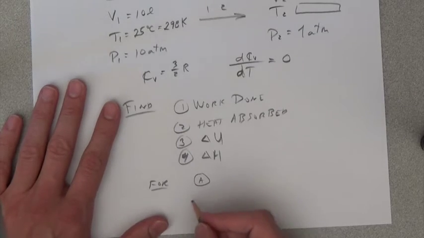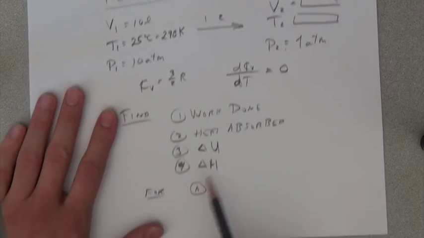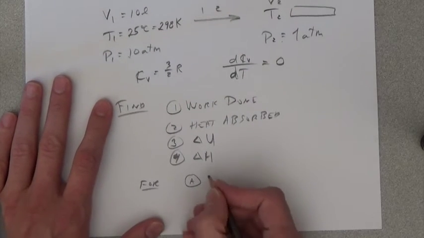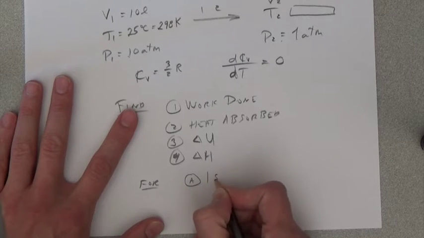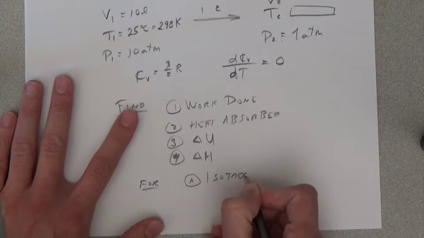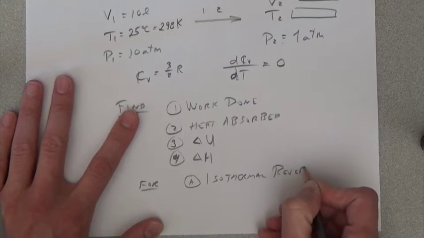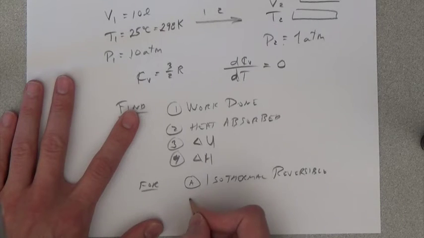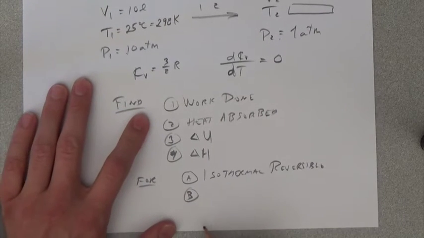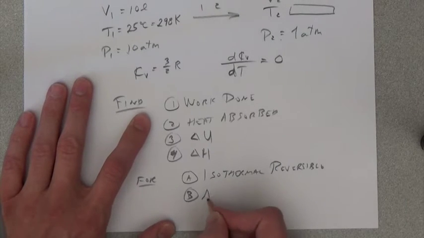A, in the case where the transition from state 1 to state 2 is an isothermal reversible transition. And B, when it is an adiabatic reversible transition.